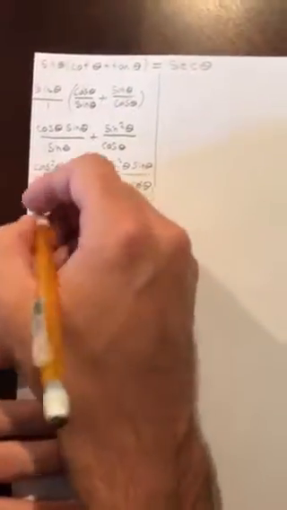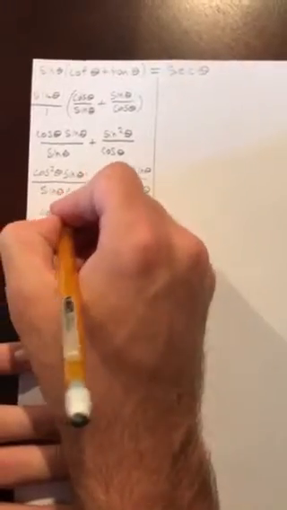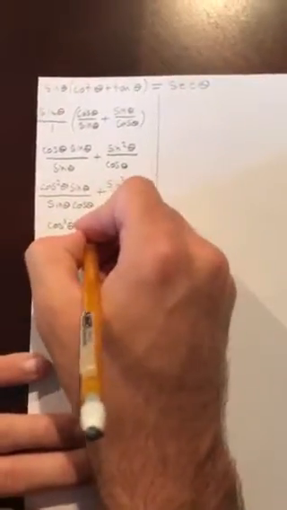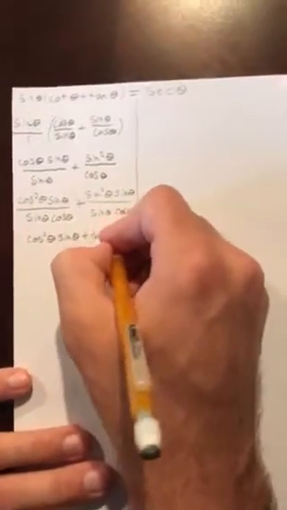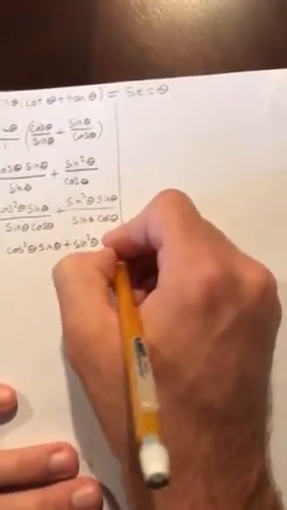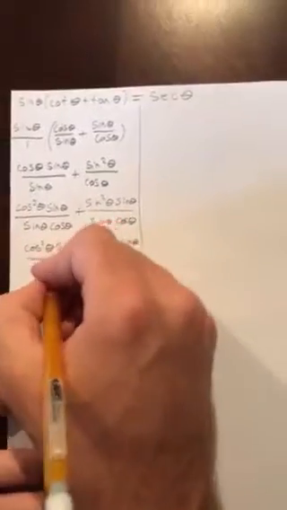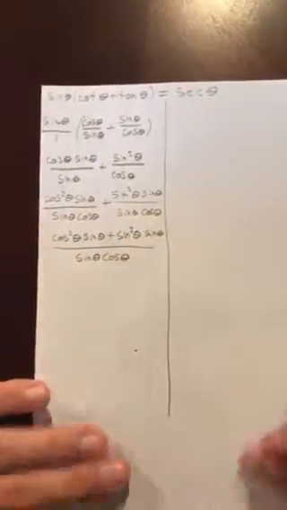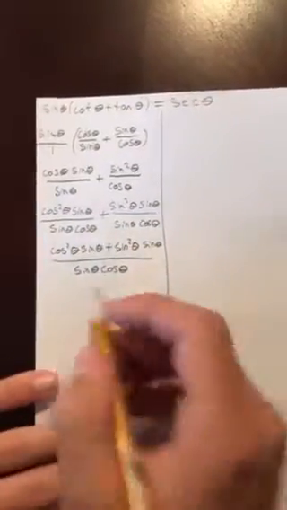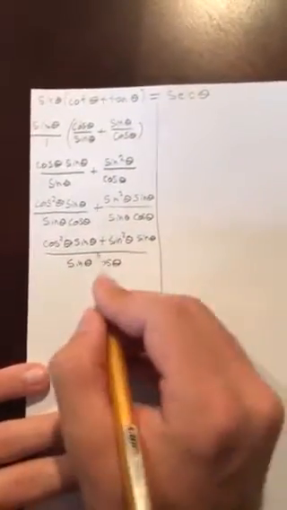Okay, so now we can put these fractions into one. So we're going to do that. Cos squared theta sine theta plus sine squared theta sine theta over sine theta cos theta. Okay, so now here we have the option to take out a GCF.